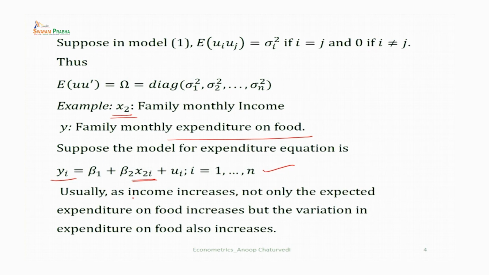Then usually as income increases, the expected expenditure on food usually increases. Not only that, but the variation in expenditure on food also increases. Again, the families belonging to the lower income group usually have some financial constraints because of lower income.